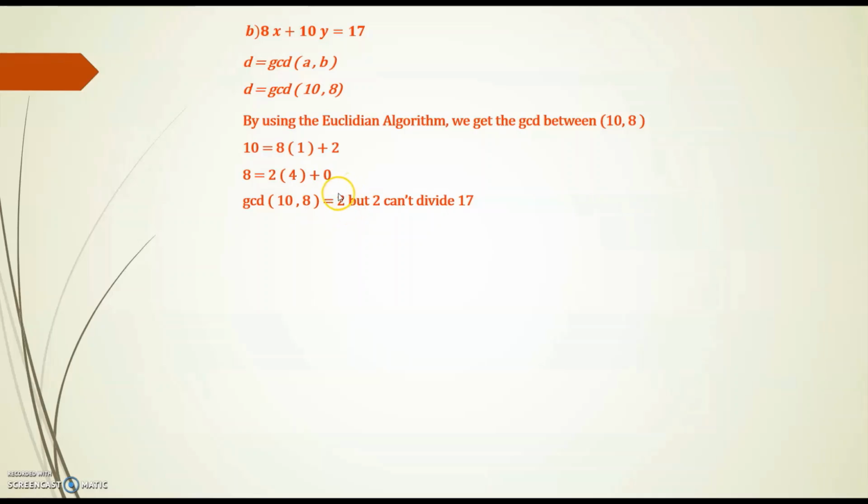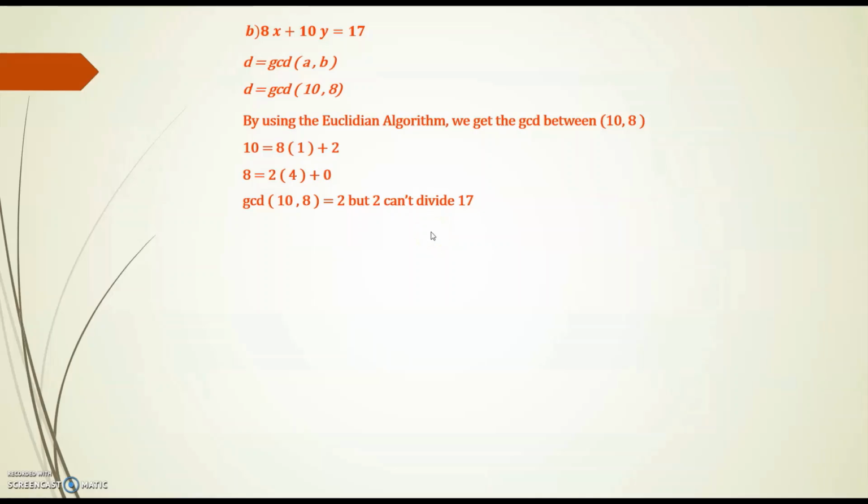But here, we have to check if 2 divides 17. In this case, we see that 2 cannot divide 17. Therefore, when we get into this situation where the GCD cannot divide the right-hand side of the equation, we can conclude that the equation has no solution, so it's not solvable.